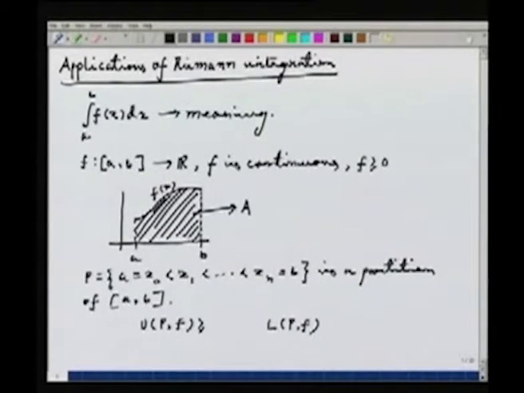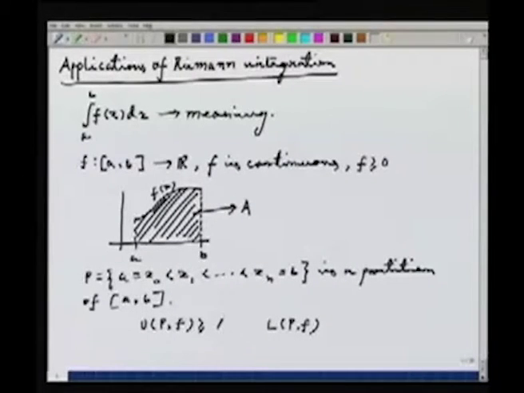Now, if A is the area, then the kind of picture we have drawn for U(P, f) and L(P, f), that is, U(P, f) is always made up of the bigger rectangles which go out of the graph, and L(P, f) are made up of the rectangles with lower height which are below the function.